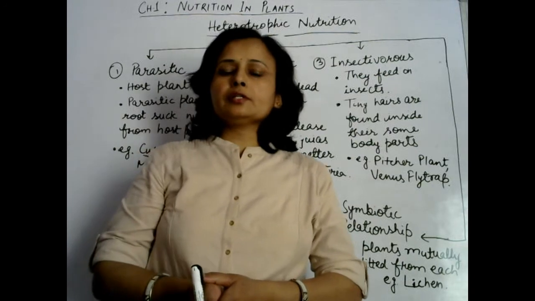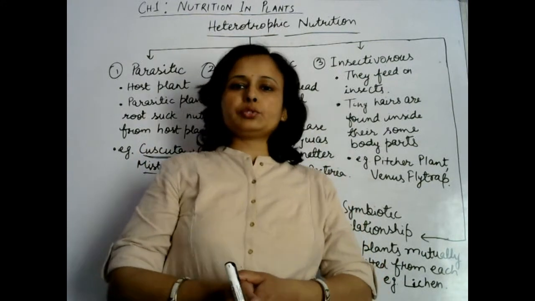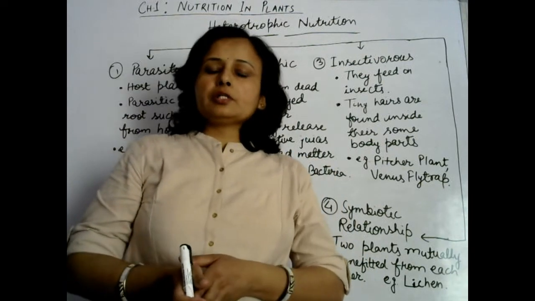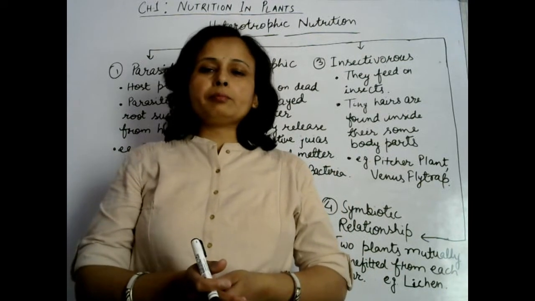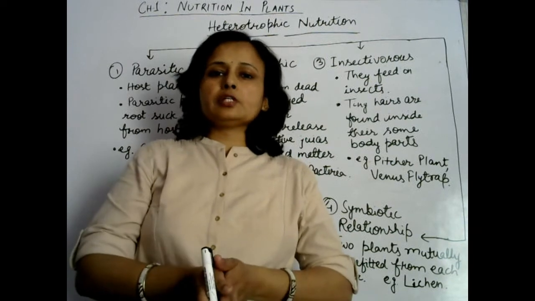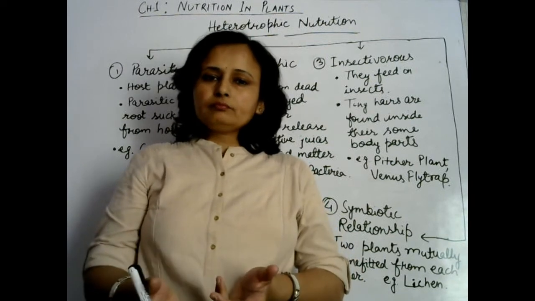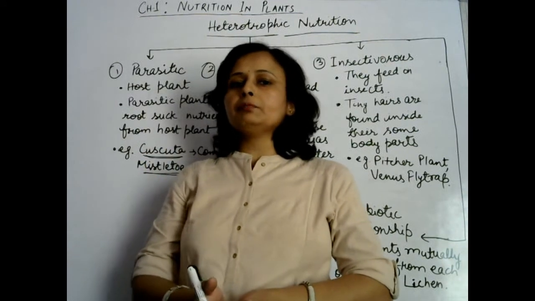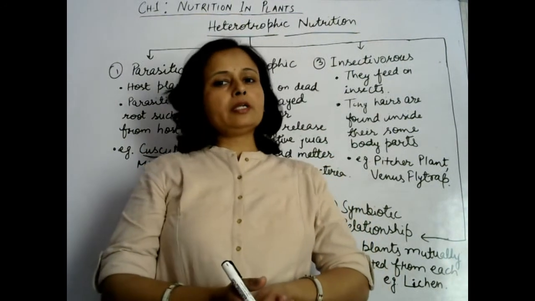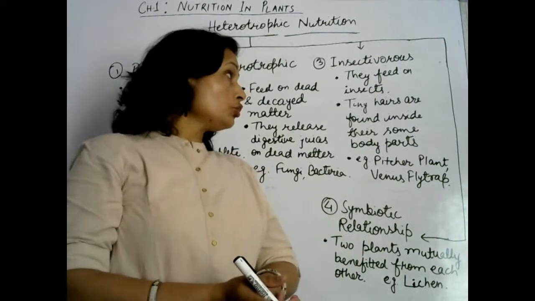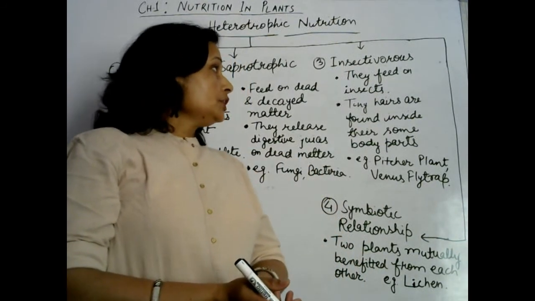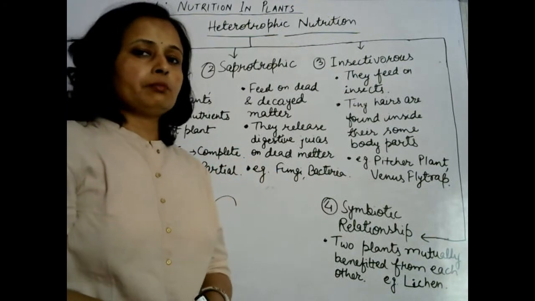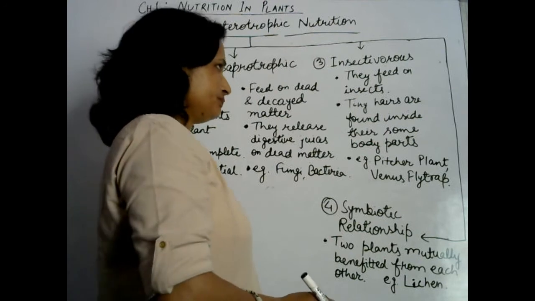There is a deficiency of nitrogen, so they can't fulfill all the nutritional requirements of their body by photosynthesis alone. So they feed on insects to fulfill that mineral requirement, that nitrogen requirement.